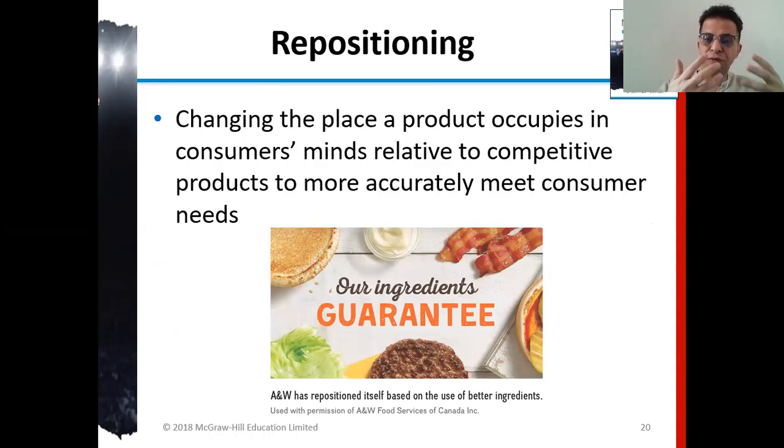It takes an effort to tell consumers that Mercedes is cheap and affordable. And it's the same thing here with A&W, which repositioned itself based on the use of better ingredients. See these commercials saying we use natural products and healthy food. That's A&W.